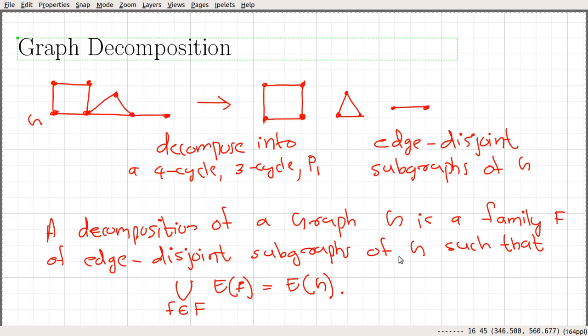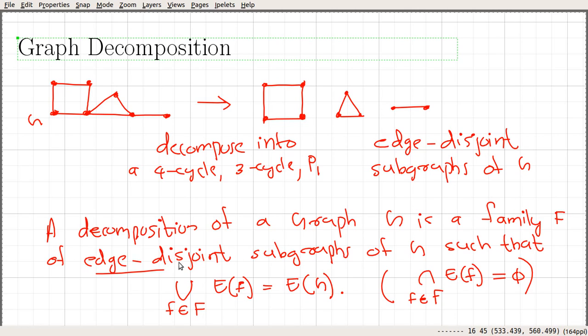And if you take the union of the edge sets corresponding to the members of the family, then you must get the edge set corresponding to the original graph. Here, edge disjoint means that if you take the intersection of the edge sets of the members of the family, you must get the empty set.